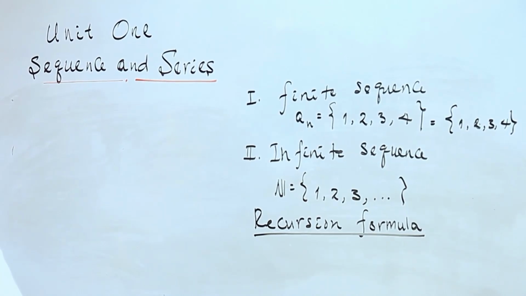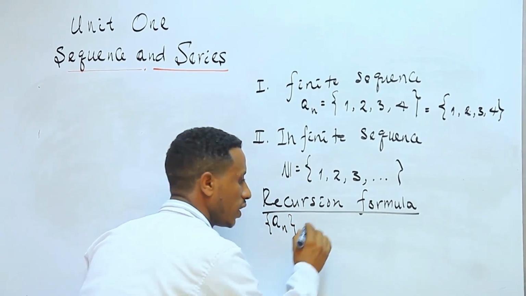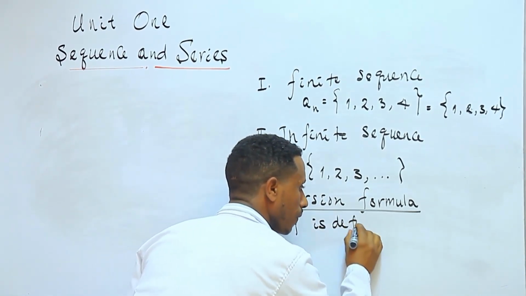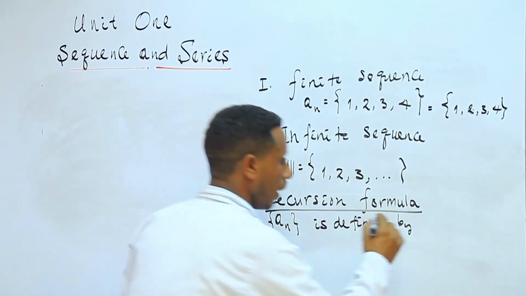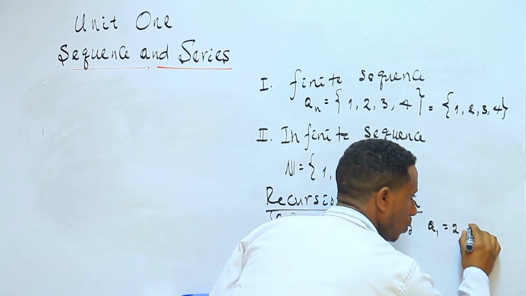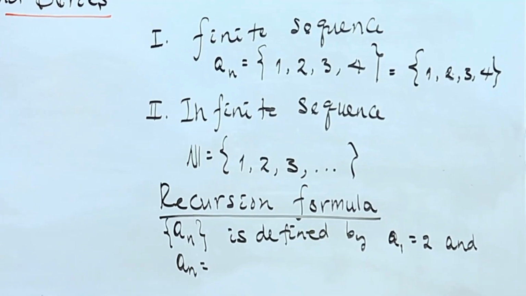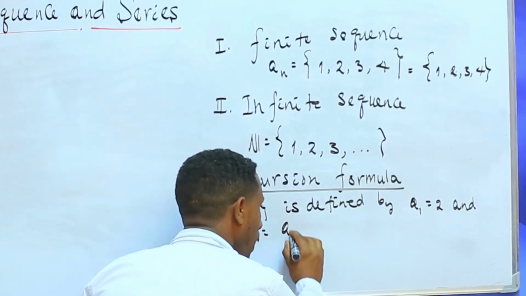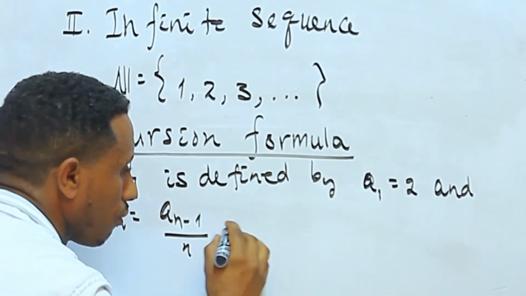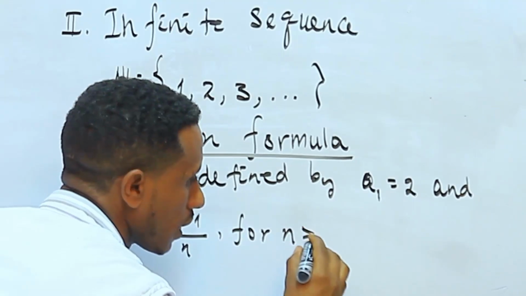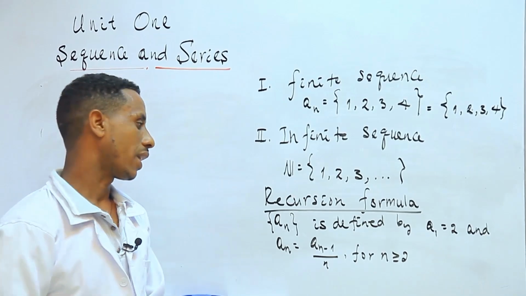Let's say, for example, a sequence an is defined by this one: a1 is equal to 2 and an is equal to a(n minus 1) over n for n greater than or equal to 2. This is a recursion formula.